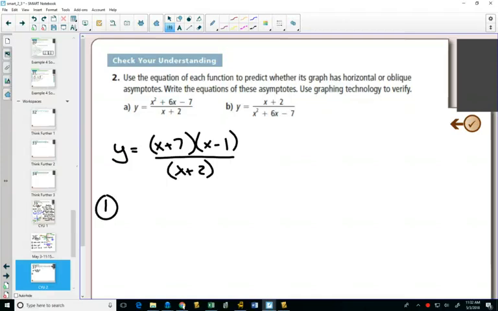Step 1. We have a non-permissible value. X can't equal negative 2. Step 1 figures out holes or vertical asymptotes. The minus 2 is going to be hole or vertical asymptote?